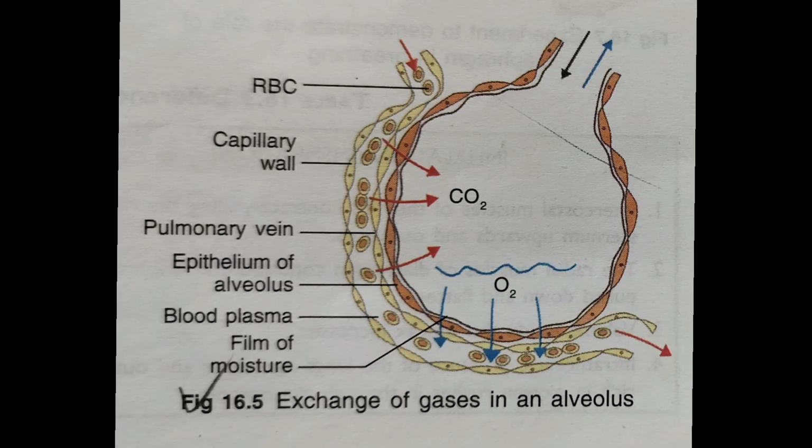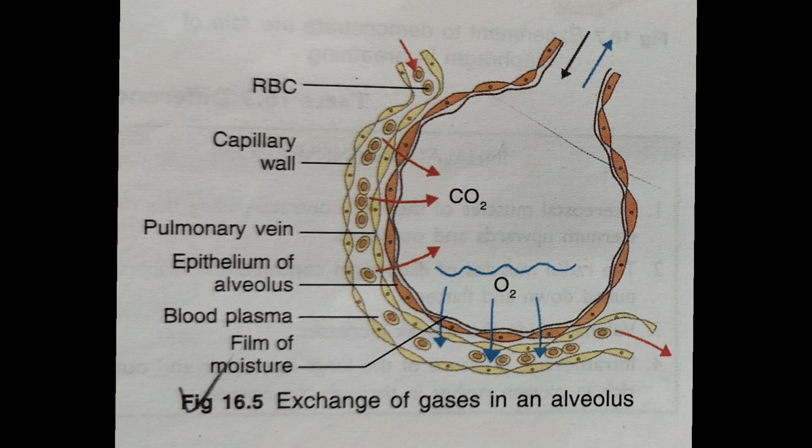Now, as you can see in the structure where the exchange of gases is taking place, the lungs provide a large surface area for gas exchange with a very thin respiratory membrane, the alveoli, in contact with the thin-walled pulmonary capillaries.